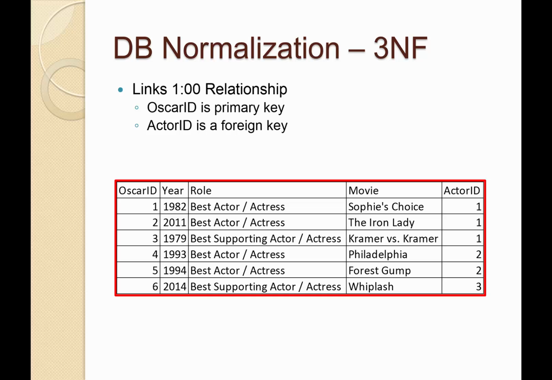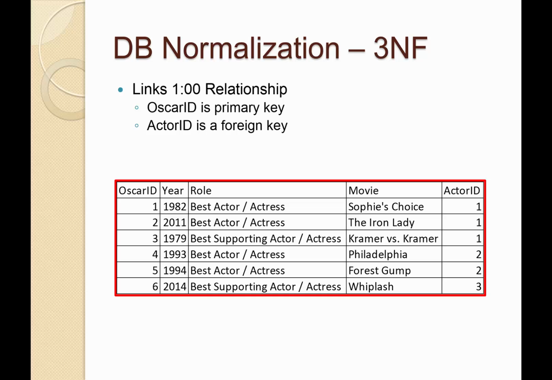On this one, we have a one-to-many relationship, and we can say that an actor can receive multiple Oscar awards throughout the years, but any given Oscar for a year has to go to only a single actor. So in this case, we can say that the actor is one and the Oscar table is many.